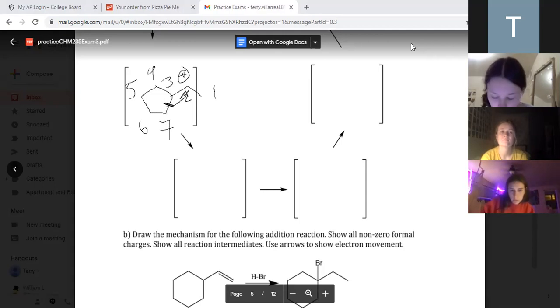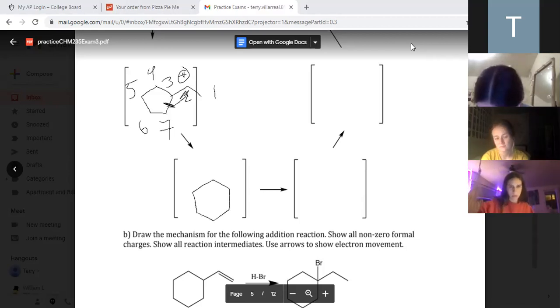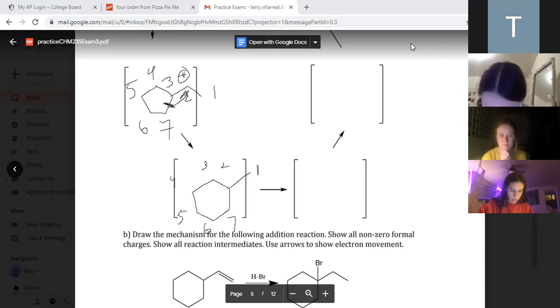No, sorry, to 7 and 2. It was between 7 and 3. Now it's going to be between 7 and 2. So now I just draw a 6-membered ring like this. And there should be a methyl coming off. So now 1, 2, 3, 4, 5, 6, 7.